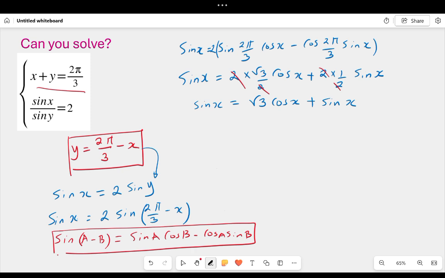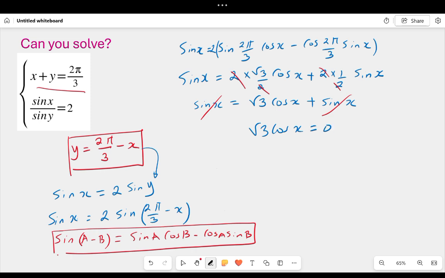Now, at this stage, we are going to reorganize the equation. So the sine and the sine cancel out, and we are going to remain with the square root of 3 cosine x equal to 0.